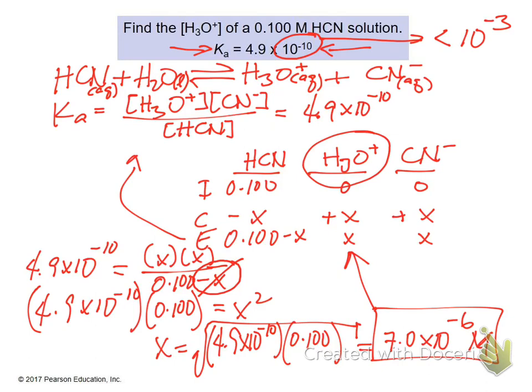So we know that pH equals the negative log of the H3O plus concentration. So when you plug this into the calculator, negative log of the concentration, we get 5.15 as the pH.